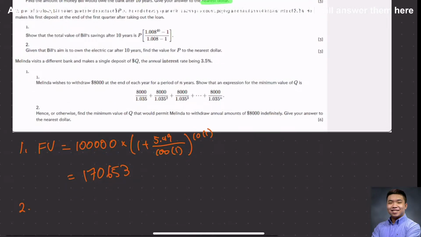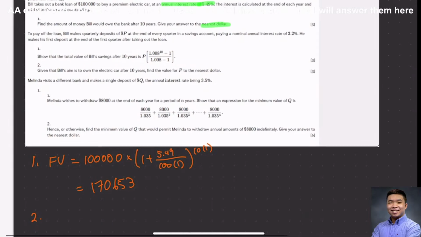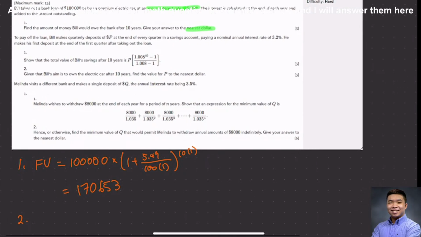Question number 2. Given that Bill's aim is to own the electric car after 10 years, to pay off the loan, Bill makes quarterly deposits of P at the end of every quarter in a savings account, paying a nominal interest rate.